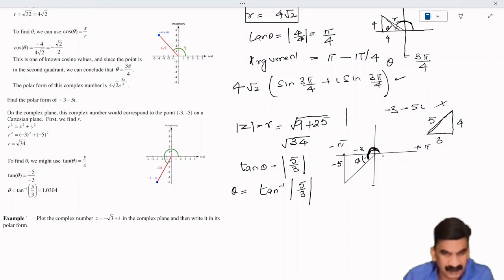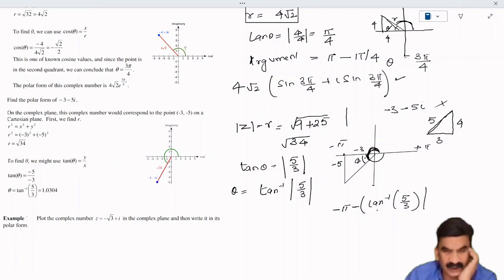The point that I'm trying to make is, if I measure this angle, this will be minus pi, right? So I can say that this angle can be calculated as minus pi minus this angle. So this angle would be tan inverse 5 by 3. You would see in a lot of books this will be minus, because the angle is measured like this.